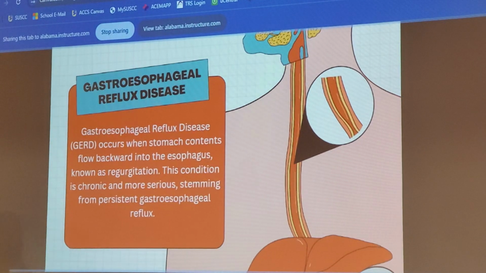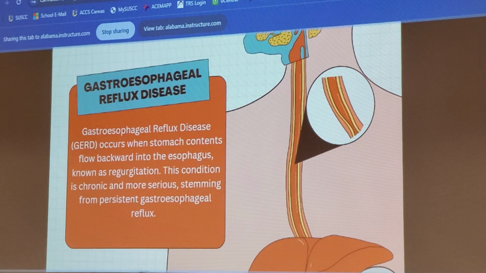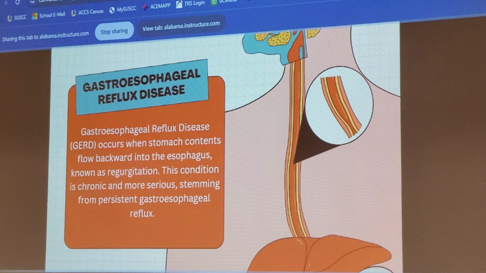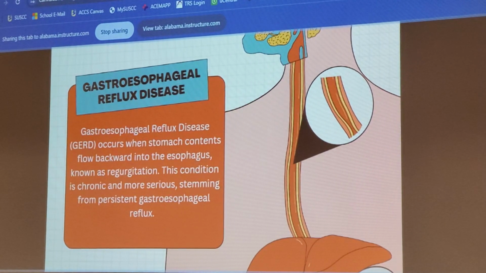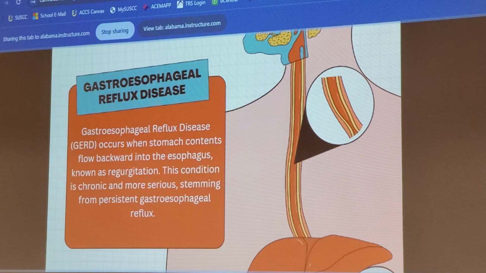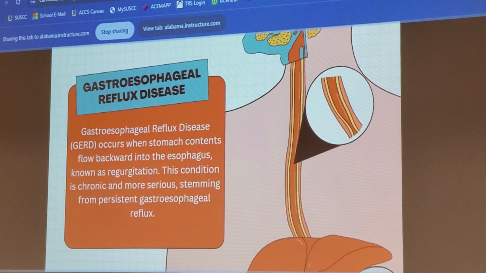The lower esophageal sphincter is compromised in some way. It is more dilated, not constricted down, allowing for that backflow to occur. It's more chronic in nature, not just occasional, it's constant every single day. Constant symptoms, pain, that's when we classify it as gastroesophageal reflux disease or GERD.